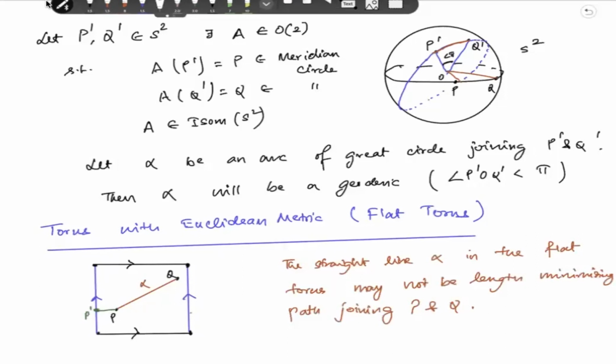P prime is identified with the point P double prime, and we go up to a point Q double prime, which is at the same level as Q. Join Q and Q double prime by a horizontal line segment.